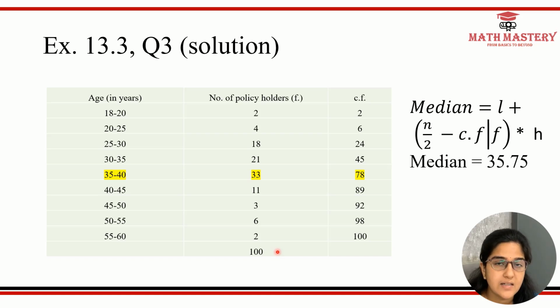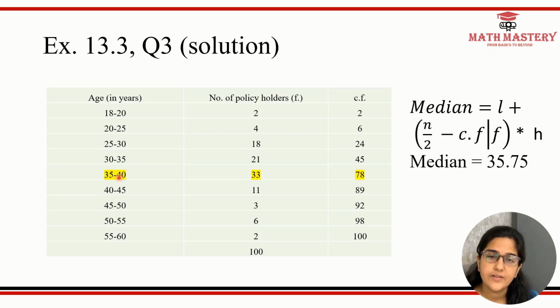The median class interval is the class interval where cumulative frequency is equal to n by 2 or greater than n by 2. Since n is 100, 100 divided by 2 is 50. Cumulative frequency equal to or greater than 50 is 78. The corresponding class interval, which I have highlighted in yellow, is 35 to 40.